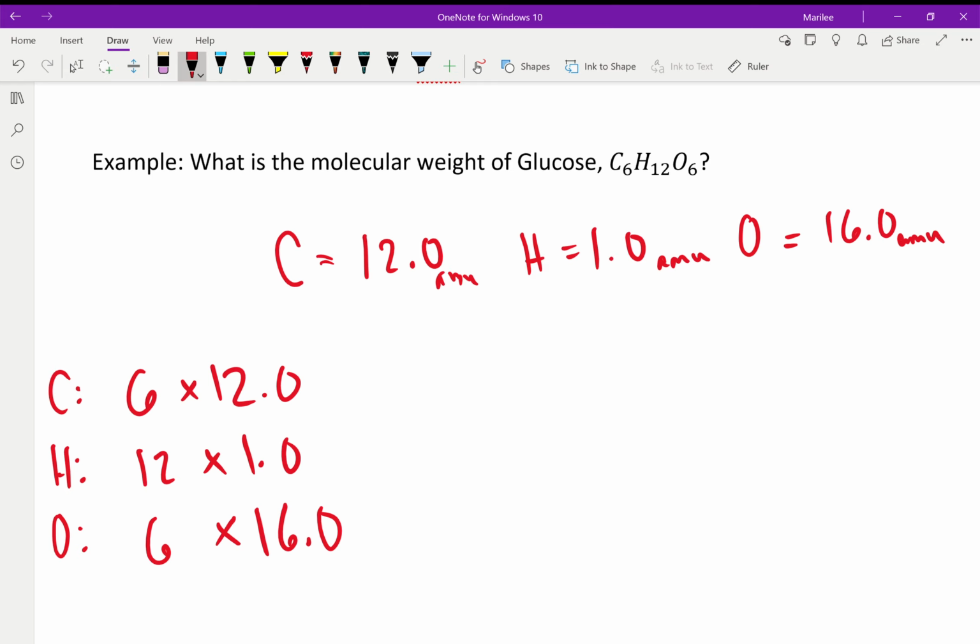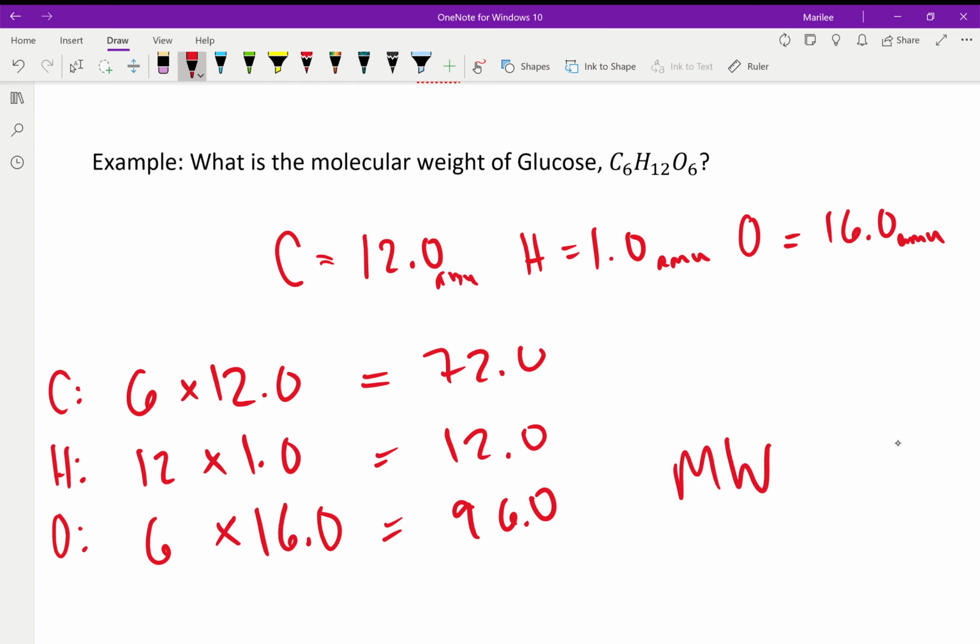So 6 times 12 gives us 72, 12 times 1 gives us 12, and 16 times 6 gives us 96. So the molecular weight of glucose is equal to adding all these, which will be 180.0 AMU.